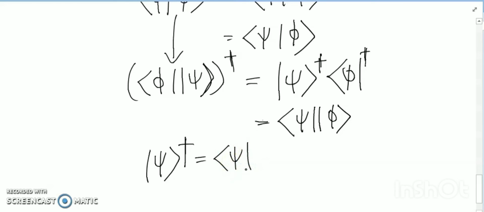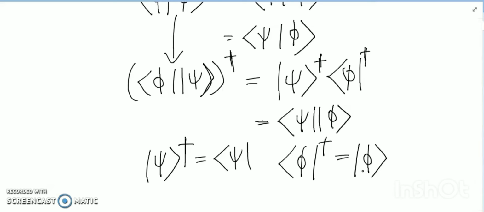The adjoint of a ket is a bra, and the Hermitian adjoint of a bra is a ket. Now this is more of a justification rather than a rigorous proof, but this really is true.